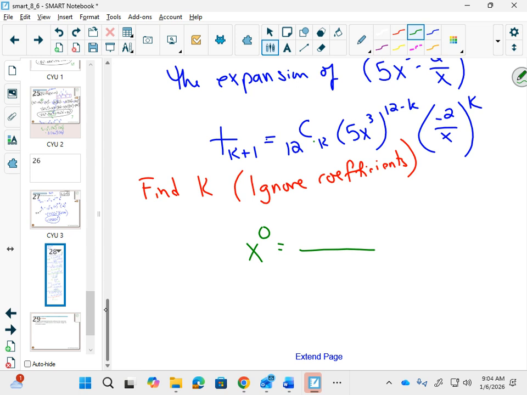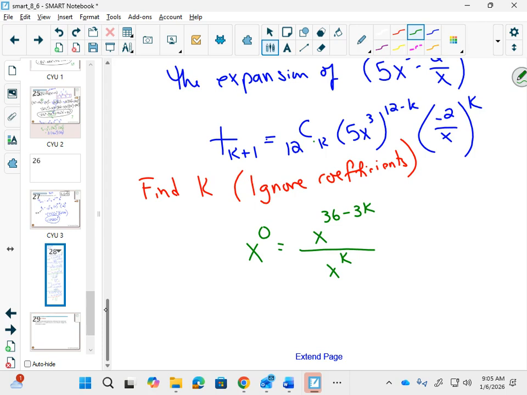Do we have x's in both our numerator and denominator? Yes. In our numerator, we would have x to the 36 minus 3k, and in our denominator, we would just have x to the k. This doesn't look like one that is easy to just look at and say, oh, I know k is 5.